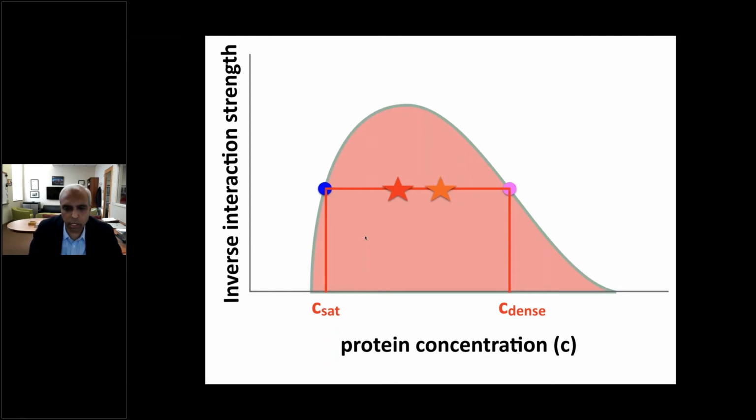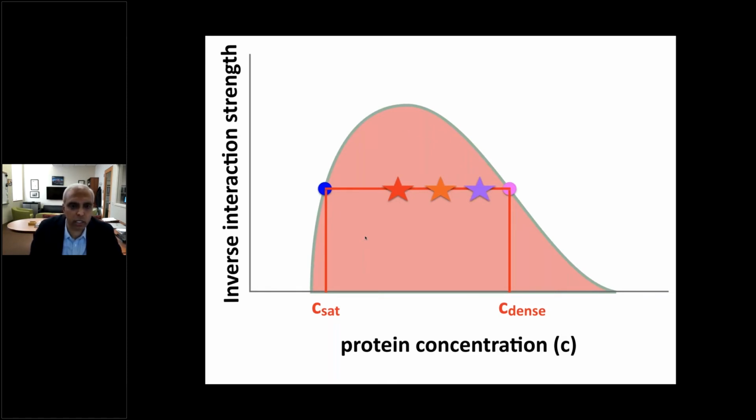The droplets will simply grow in size, and the number of droplets will also increase, but the concentrations within the droplet will stay the same as C dense, and similarly the concentration in the dilute phase will remain as Csat, and this will be true as we continue on and approach the phase boundary.